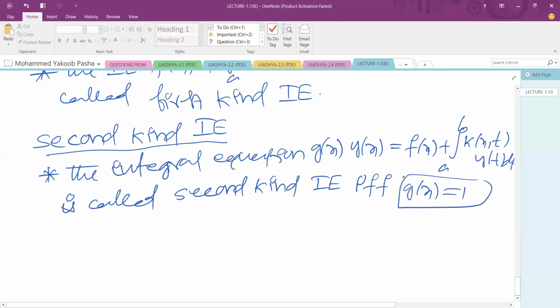When g of x is equal to 0, first kind integral equation. When g of x is equal to 1, second kind integral equation.